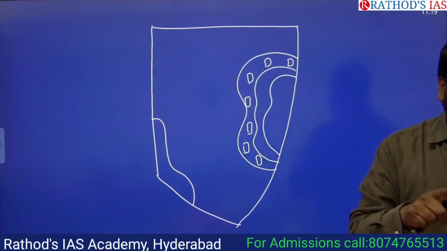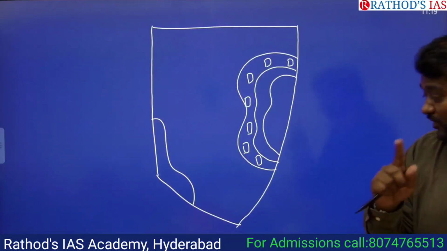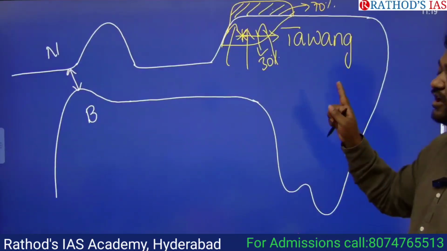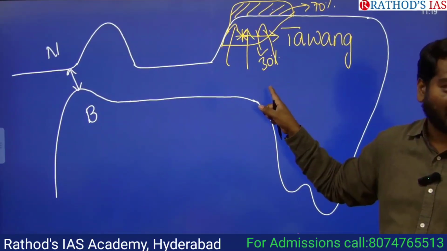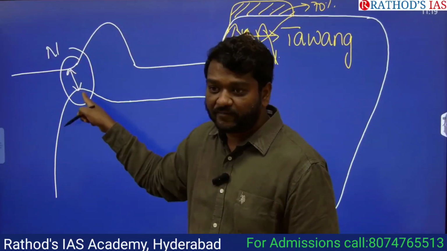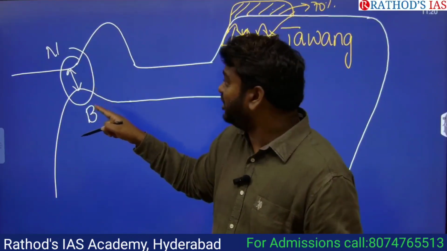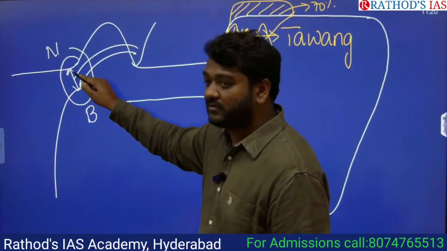China is thinking, same way I can also capture India. But before capturing, China knows if India has to come here and wage war, for India, the chicken neck is important. So what China will do, near Sikkim, they are planning to blast it.